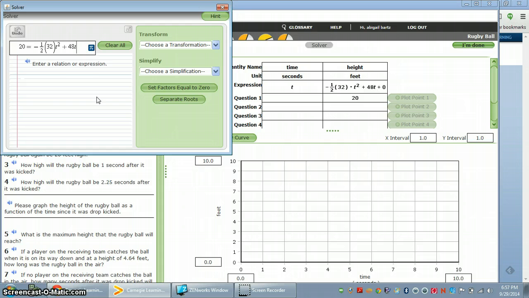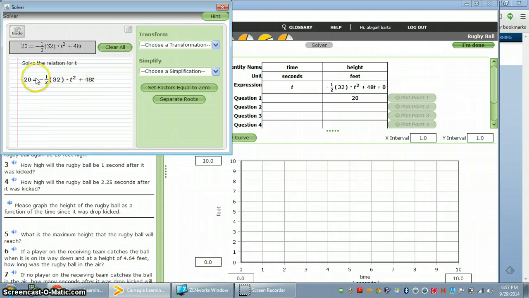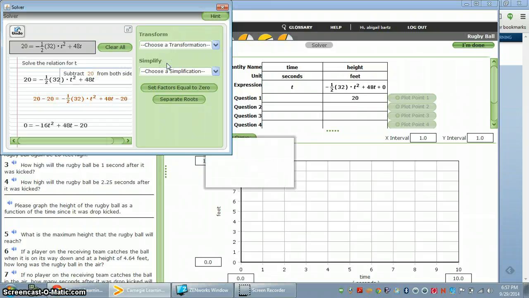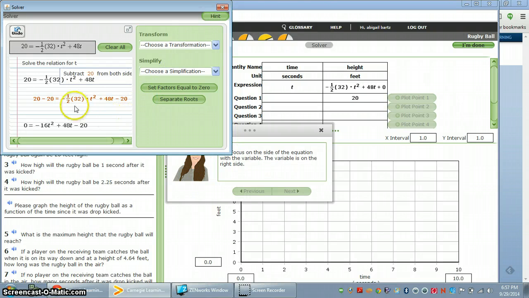Again, it doesn't matter to add the 0. Push enter, and now you have a quadratic equation, but in order to solve it, the first thing you have to do is set it equal to 0, so you're going to subtract 20 from both sides. And then what it also did for me is it also simplified this. Half of 32 is -16.